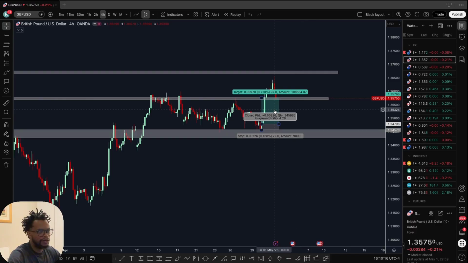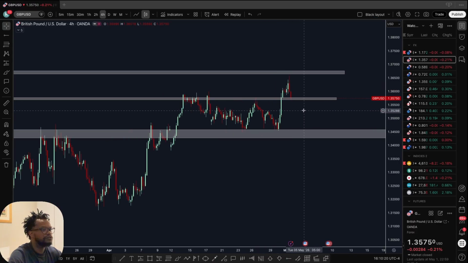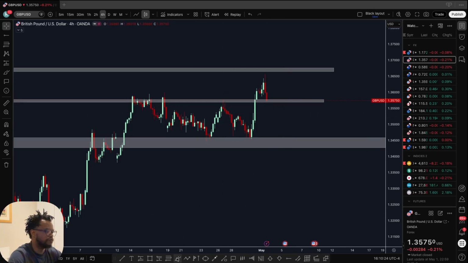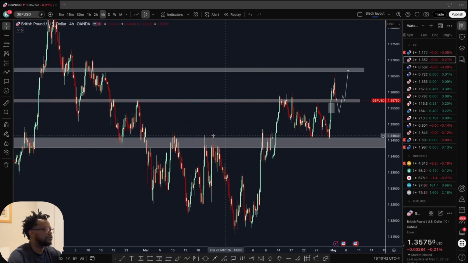So this one is a bit more interesting because I like this price action better, because we still have a gap over here that price can fill, and then obviously I'm looking for the same thing here, but the only problem with this one is it doesn't give me enough room into the zone.